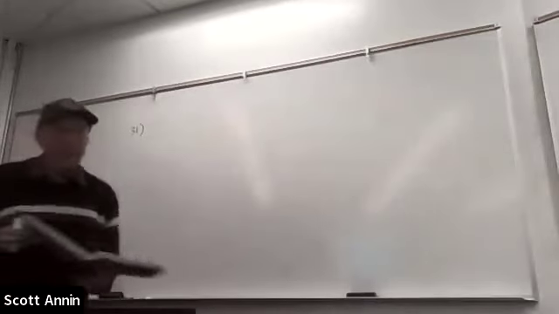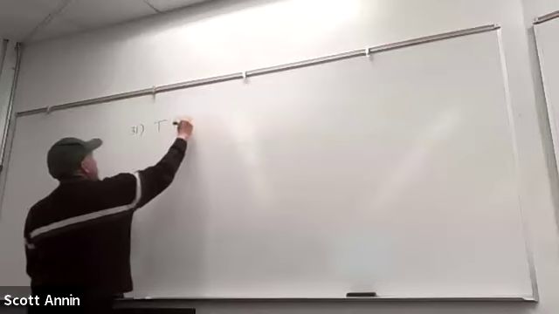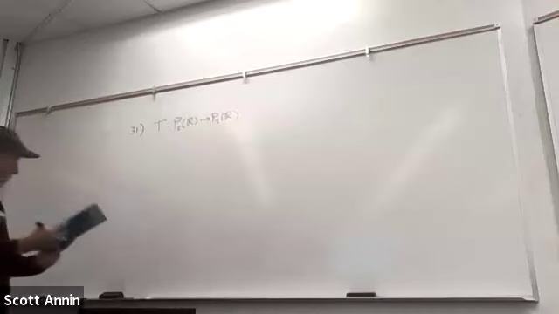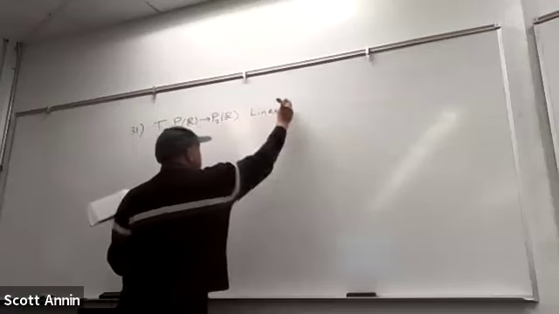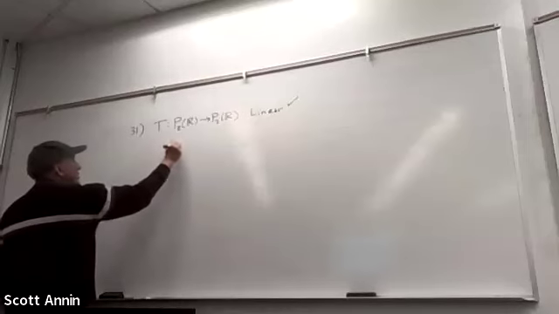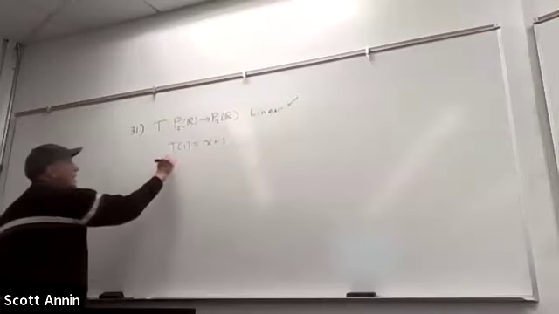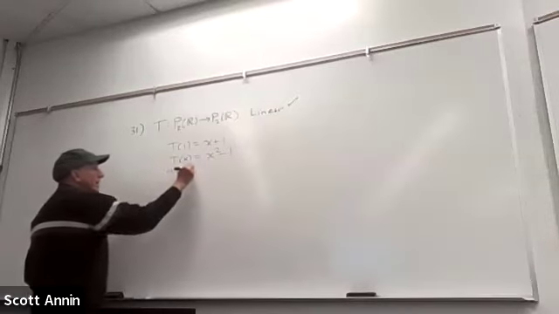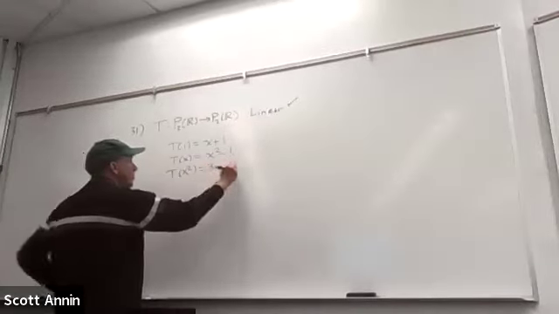Let T go from P2 of R to P2 of R, and it says that T is linear. Assuming it's linear, they give us that T of 1 is X plus 1, T of X is X squared minus 1, and T of X squared is 3X plus 2.